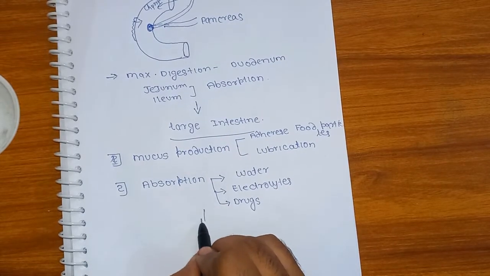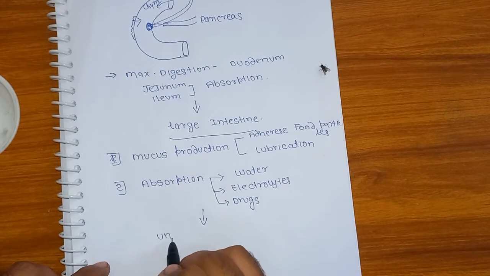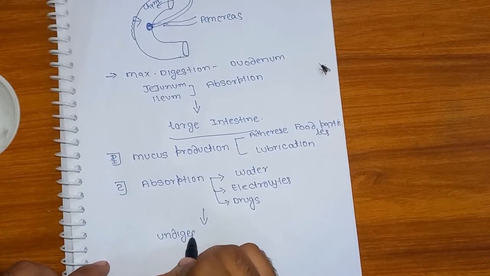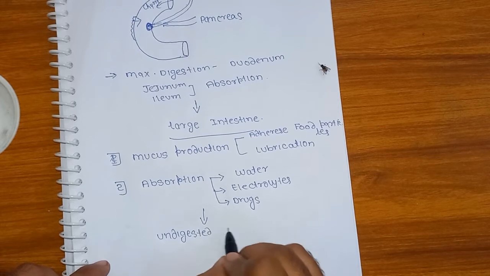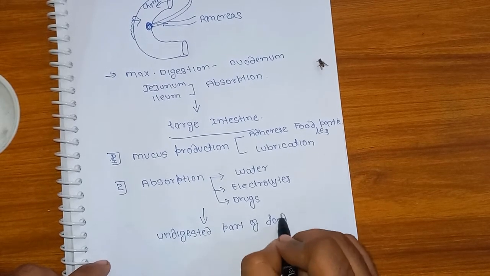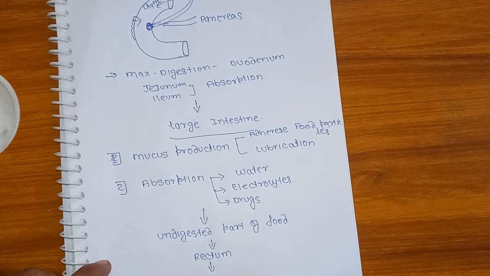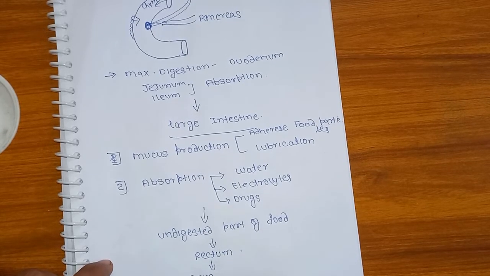From the large intestine, the undigested part of food reaches the rectum and then the anus.